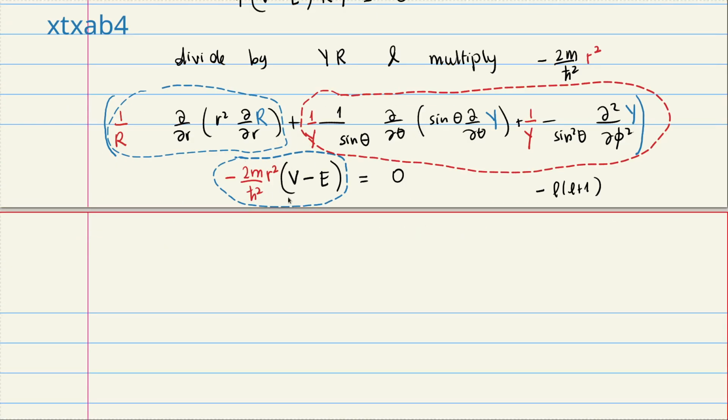If V is a function of x, y, z, that means V is a function of R cosine theta sine phi, and there's like angle dependence inside V. If there is angle dependence inside V, I cannot separate it. For us to be able to separate it like this, V needs to be central potential. V needs to only depend on R, nothing else. That's important. If there's separate dependence on X, Y, and Z, right, then you have angular dependence.